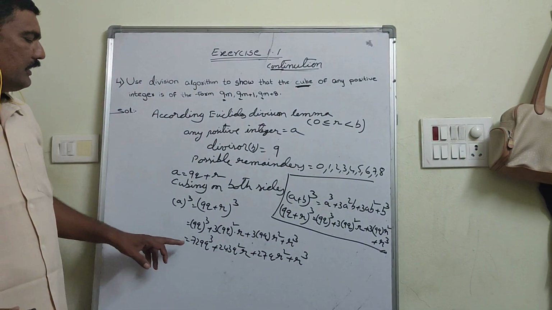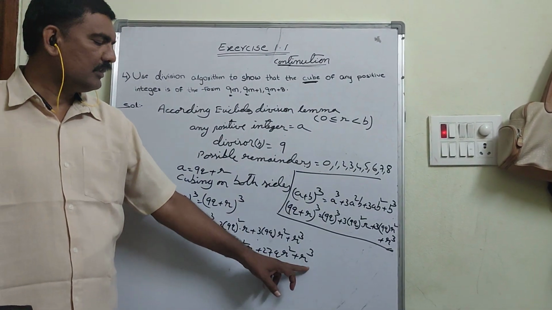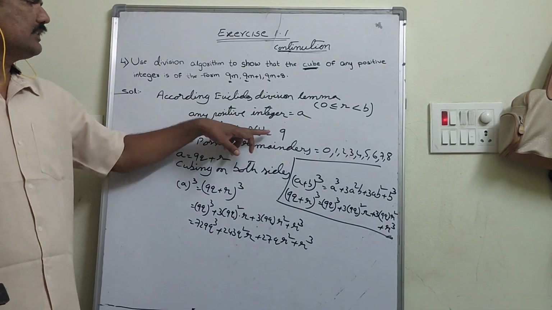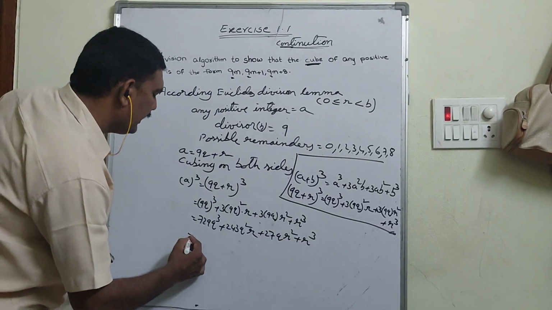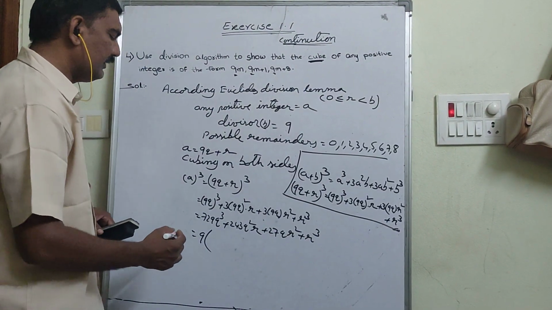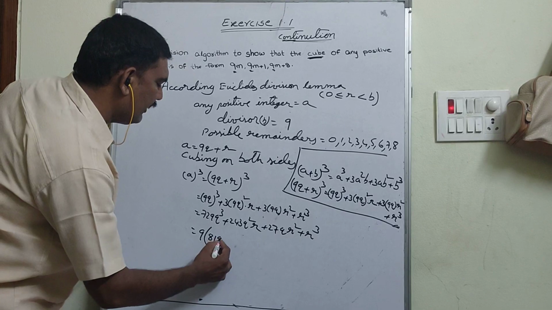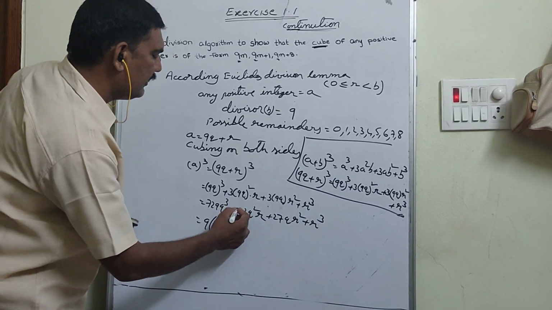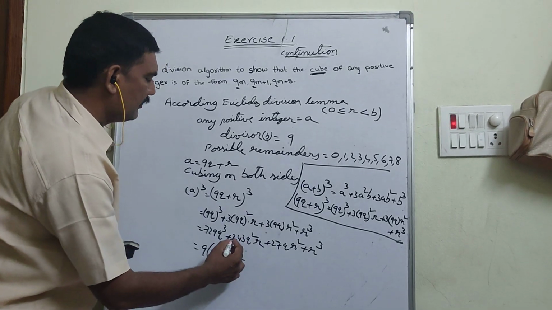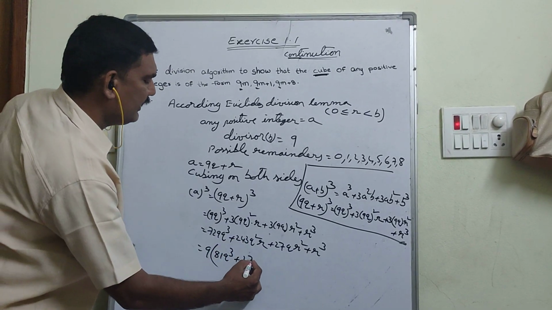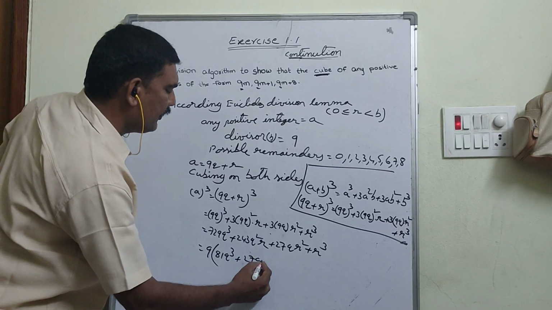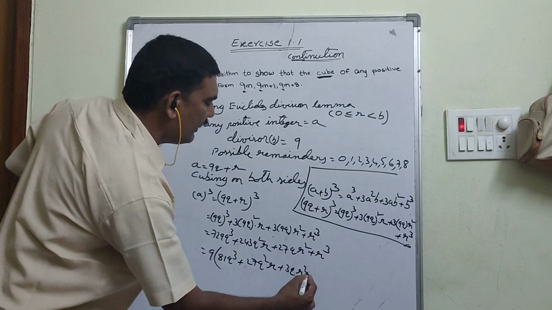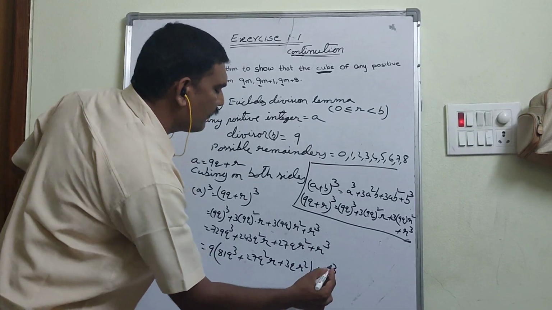Here you have 4 terms, and in the first 3 terms you can take 9 as common, as the divisor is 9. So take 9 as common from this one. You are getting 81 q cube, 9 2s are 18, 9 7s are 63, so 63 q square r, 3 q r square, plus r cube.